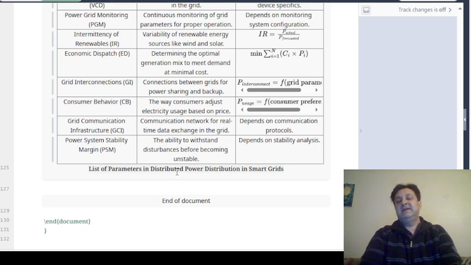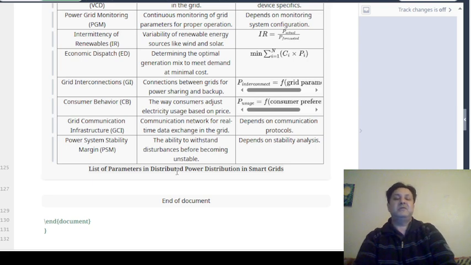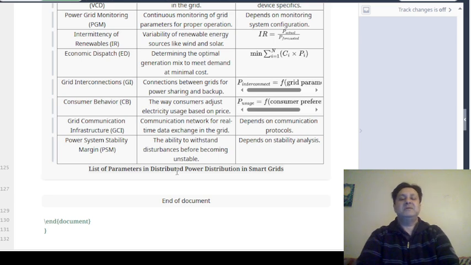Then the grid interconnections, connections between grids. Before, we talked about connections between various devices. Now we are talking about connections between grids for power sharing and backup. If I have one grid which is not giving me enough power, I can get it from another grid. Or if I have enough power in one grid, I can share it with a grid where supply is not enough.